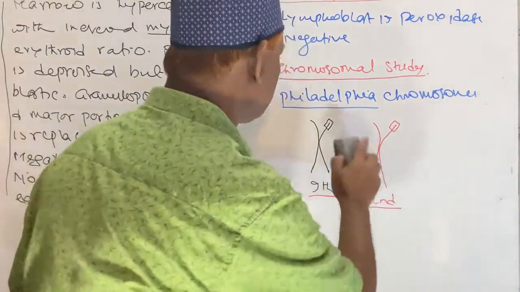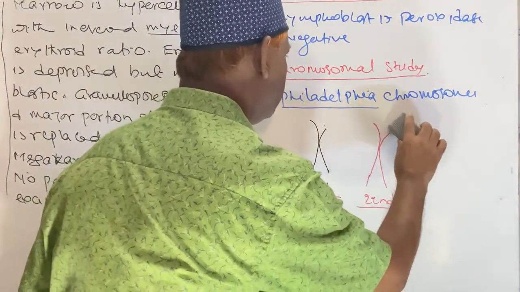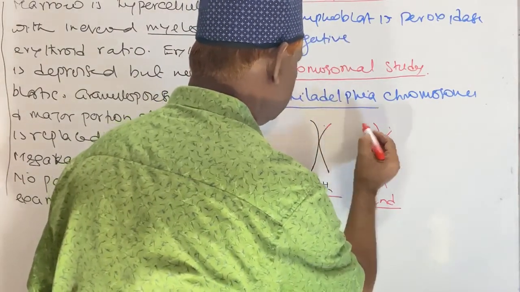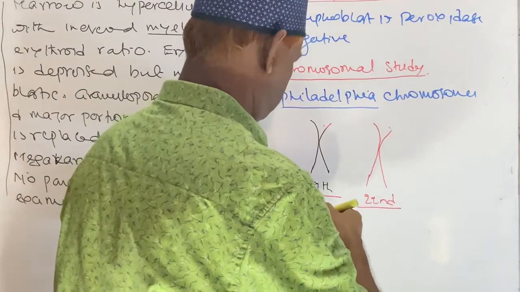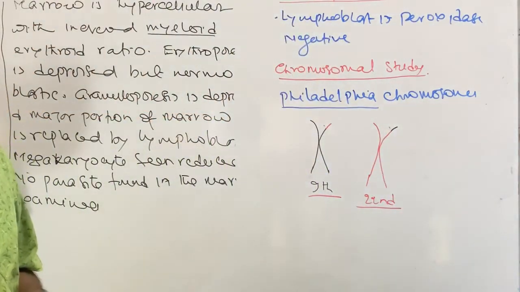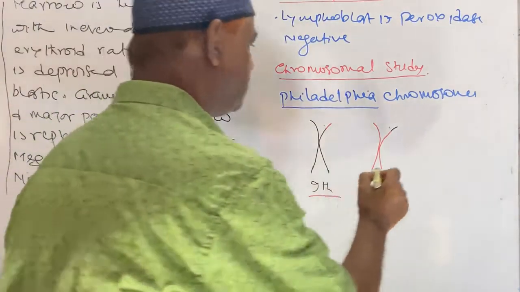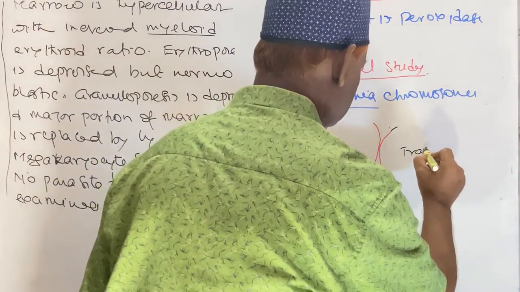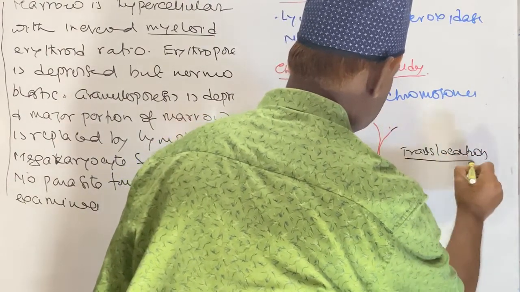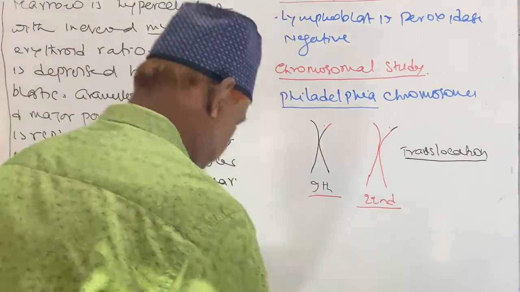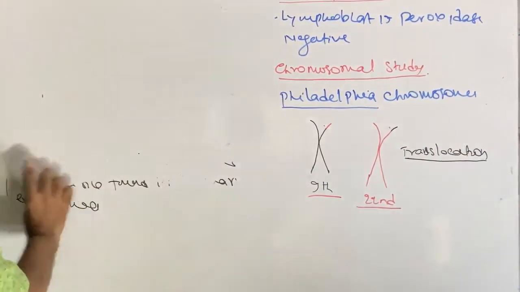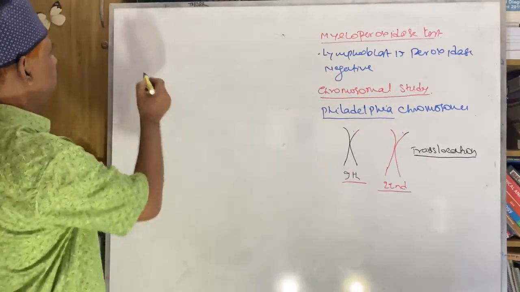If there is translocation, after translocation what we will get? After translocation we will get the red portion here and the black portion here. This is called translocation.